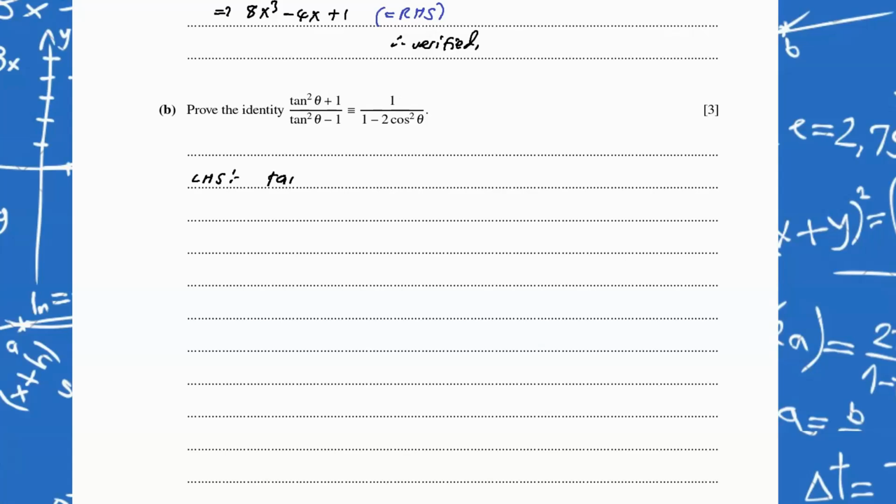So (tan squared theta plus 1) over (tan squared theta minus 1) is the same as, for tan squared theta is as good as sine squared theta over cos squared theta, and it's plus 1. And the denominator, what we have at the bottom, is as good as sine squared theta over cos squared theta minus 1.